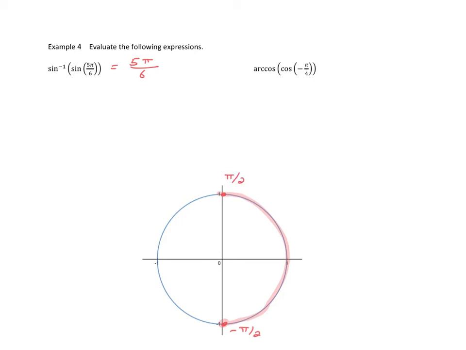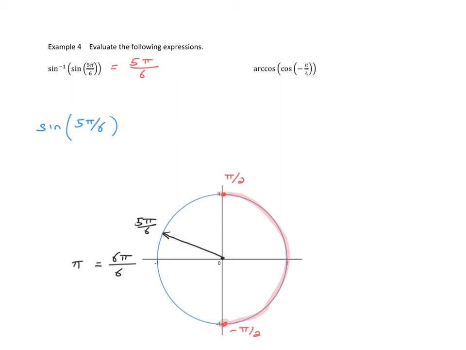For starters, if I want to simplify this expression, step 1 is figuring out what sine of 5 pi over 6 is equal to. So let's start there. One thing to note is that 5 pi over 6 is outside of this interval. It's roughly over here somewhere. It's 1 less than 6 pi over 6, which is pi, so you go backwards pi over 6 this way.